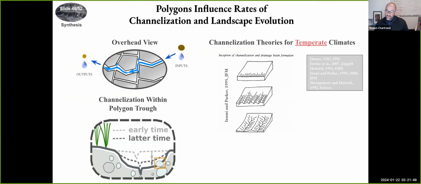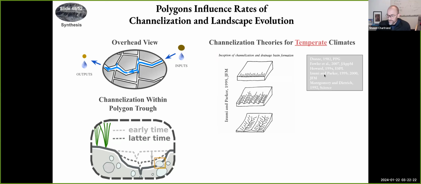Okay, so thinking about all of these results together, coupled with a lot of great work that's been done in Arctic settings around the world and high elevation regions, if we want to understand how channel networks are evolving or growing in the Arctic or high elevation regions as the climate continues to warm, one obvious thing we can do is remind ourselves of existing theories that have been developed for temperate climates.